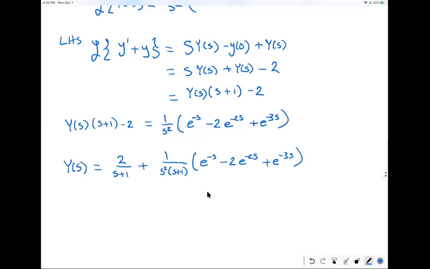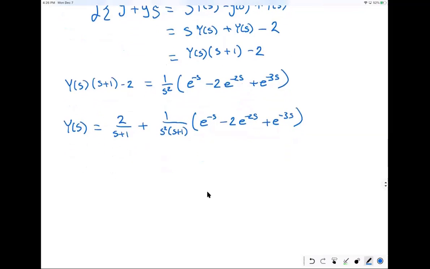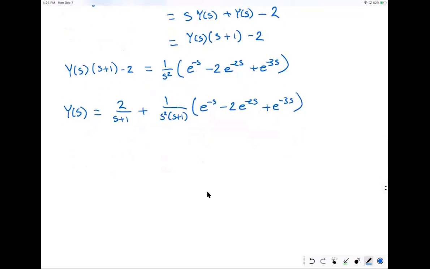So then I think we have to figure out what this 1 over S squared times S plus 1 is. We've got to deal with this. So I think partial fraction decomposition is going to be the way to go.